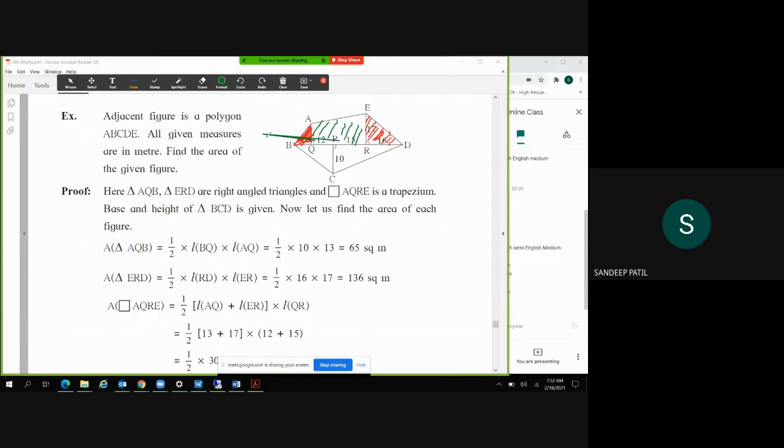And BCD is nothing but another triangle. So if you calculate the area of these triangles and the quadrilateral, then we can easily add those up to make the area of the polygon.